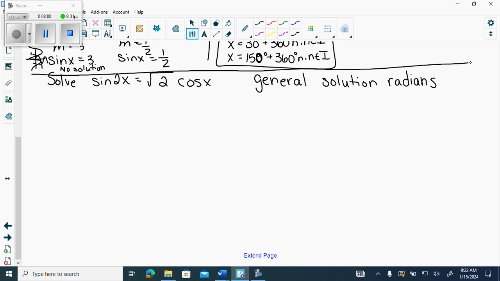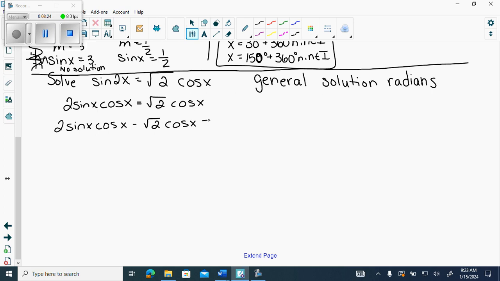Okay, so sine 2x is 2 sine x cos x equals root 2 cos x. Never divide. We always subtract to get it over to the other side. Now, if this is confusing to you, you could say let m equal sine x and let n equal cos x.